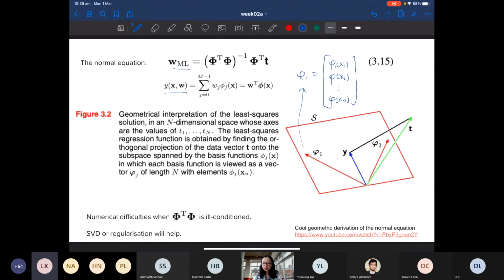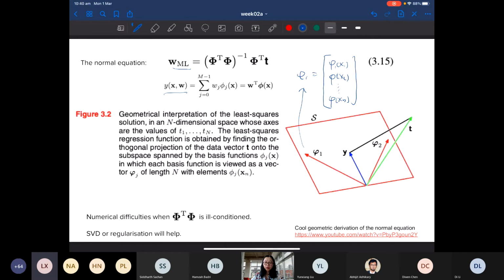So that's the intuition. This geometric intuition is quite elegant. It might be hard to wrap your head around on the first go, so feel free to read a book. There is also another YouTube video that derived the normal equation using purely the geometric intuition, and it's quite cool.